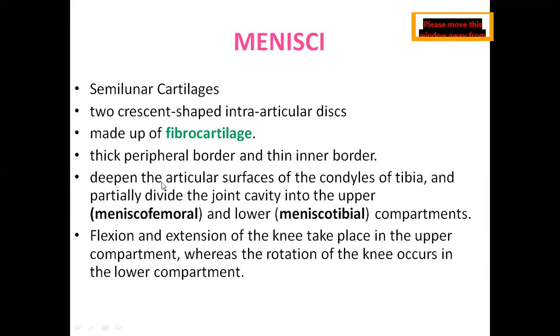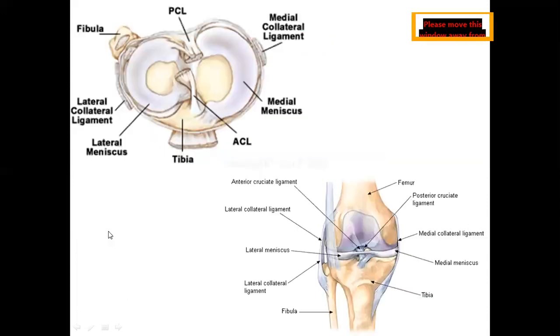They deepen the articular surface of condyles of tibia, and partially divide the joint cavity into upper meniscofemoral and lower meniscotibial compartments. Flexion and extension of knee take place in the upper compartment, whereas rotation of knee occurs in the lower compartment.